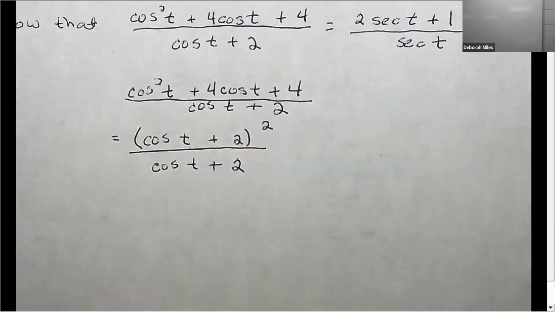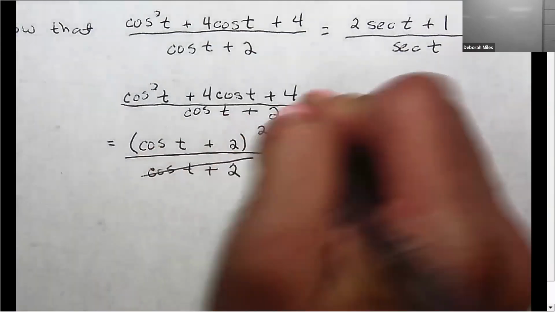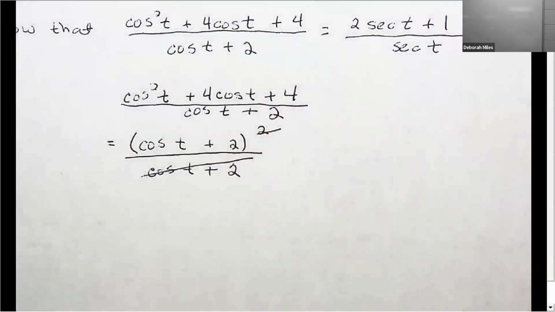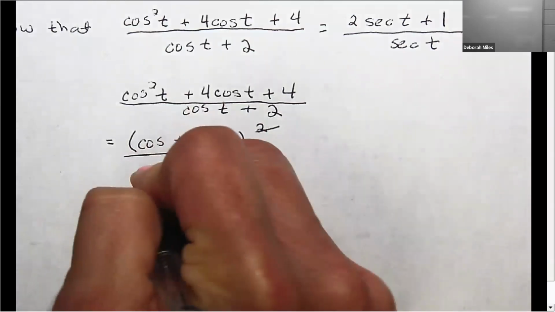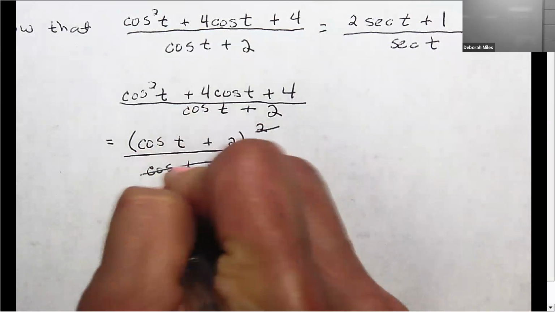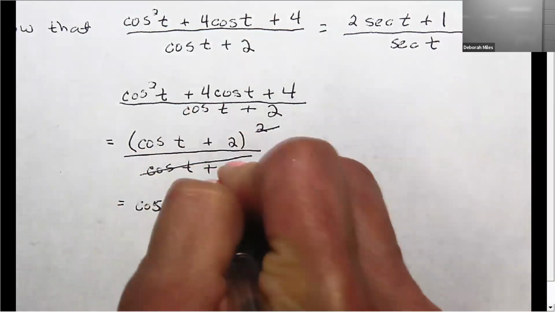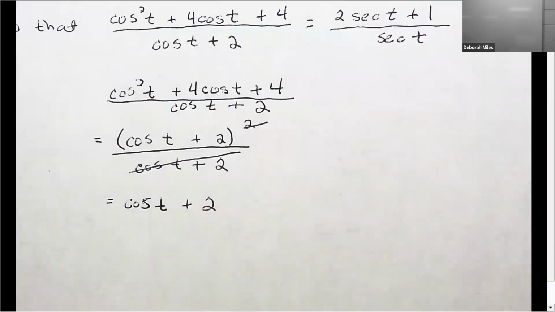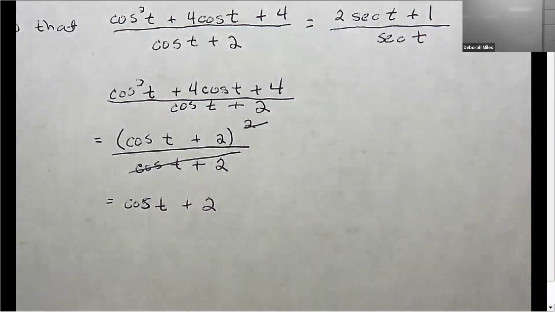Well, obviously, one of those takes out one of those. This is just cosine t plus 2. So the denominators are 1. Couldn't we substitute something in for the 1 to make it that?